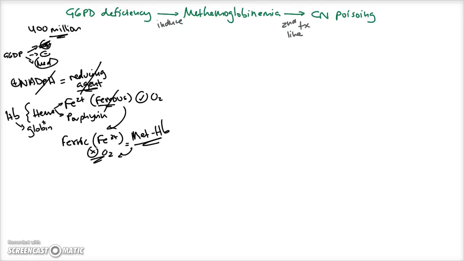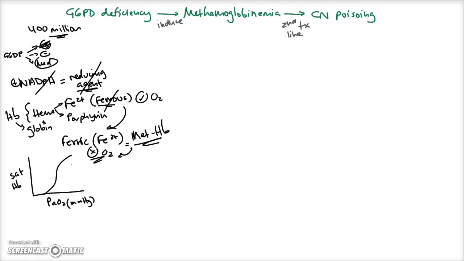So what does that mean if we display that graphically? It means that if we have our hemoglobin dissociation curve, which is, let's say, the saturation of hemoglobin compared to the partial pressure of oxygen in millimeters of mercury.